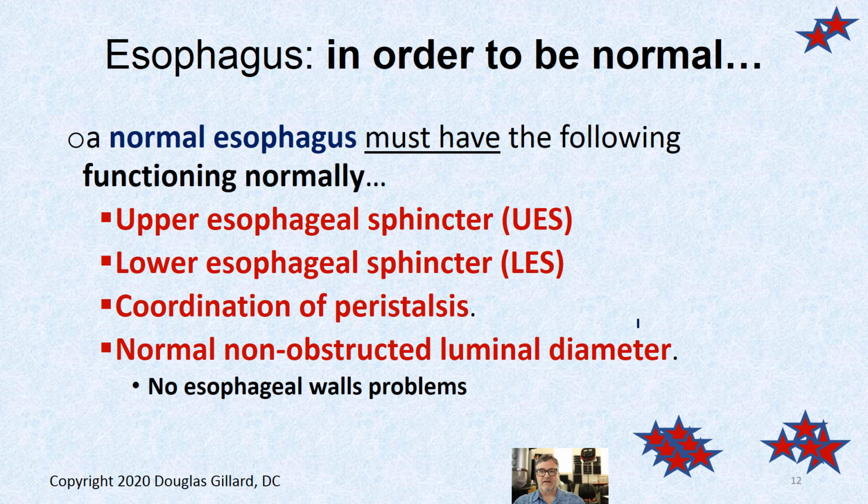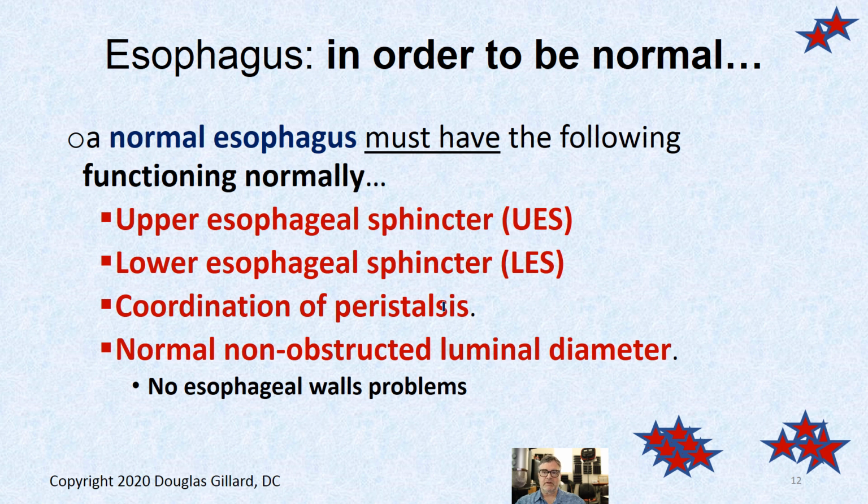So in order for the esophagus to be normal, you have to have these functioning things. You have to have a normal upper esophageal sphincter, we'll take a look at that, and a lower esophageal sphincter, we'll take a look at that. Coordination of peristalsis, that's easier said than done. That's an enteric nervous system thing that needs to be working normally.